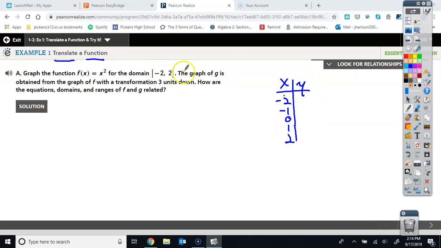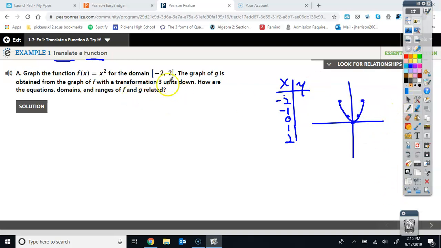Yes, you could plug in numbers other than those, but when you have this restriction on the domain, it's telling me that my graph is going to go through those points that are restricted to those x values only. And when you plug those in, you do get 4, 1, 0, 1, and 4. And then you have that curved graph we talked about.